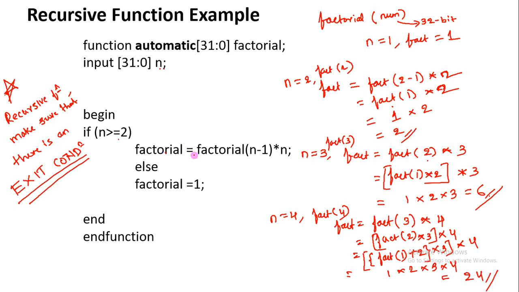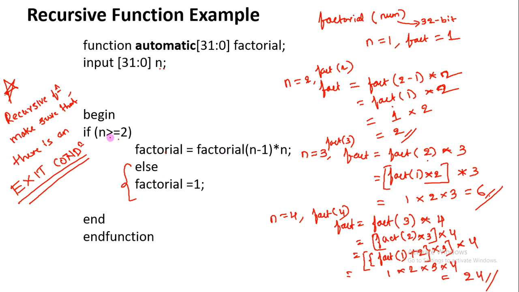See, when you use a recursive function, think that you have not written this. This thing is not there. Then it will go on calling the function within the function. It will enter an infinite loop. Somewhere it has to stop, right? That stopping, that exit condition, we have mentioned here.